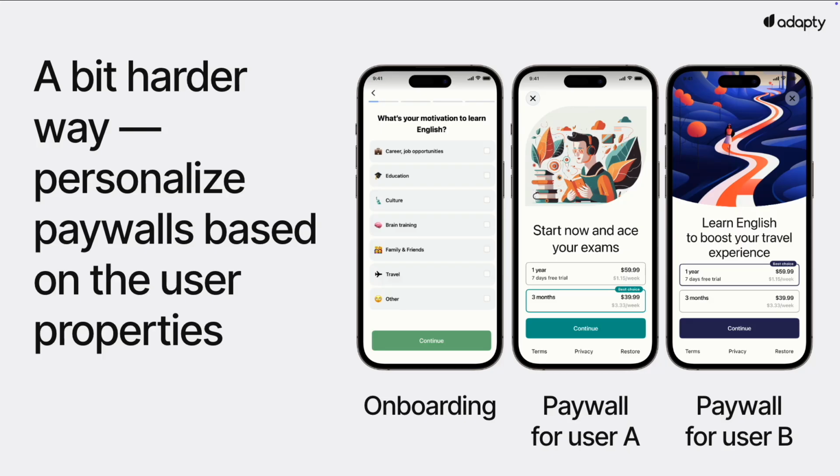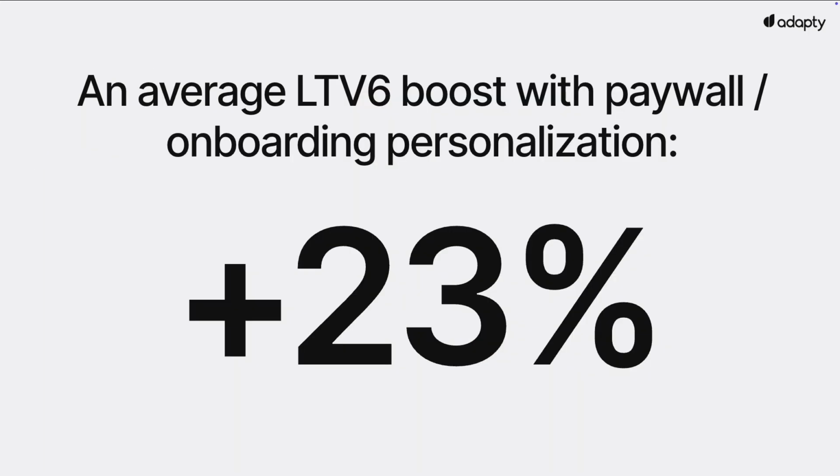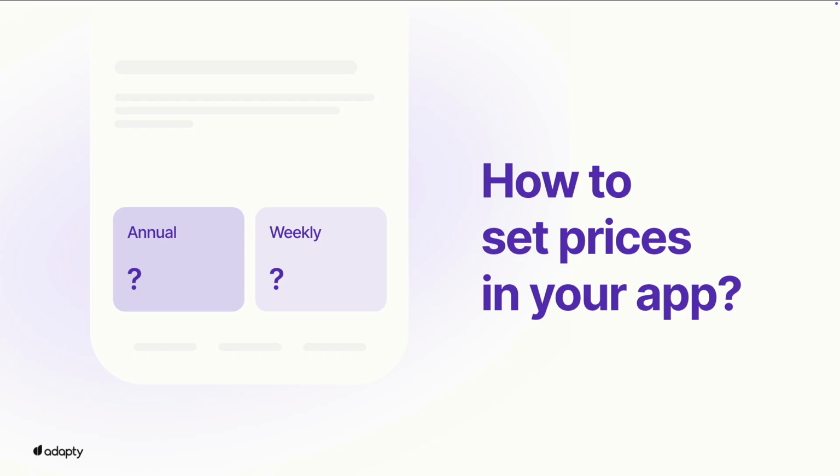So it's really important to personalize them. And on average, we see that if you do personalize paywall and onboarding, it will lead to a 23% LTV increase, LTV over 6 months, which is a pretty huge number.